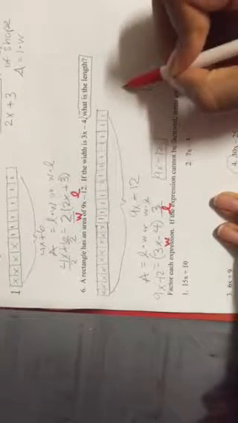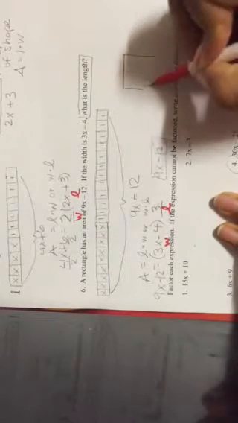Now if I redraw this one, the length should be 3. And then my width should be 3 x's going across. So how does that look? This is my length. Or I could have drawn this in the other way. Bear with me, guys.